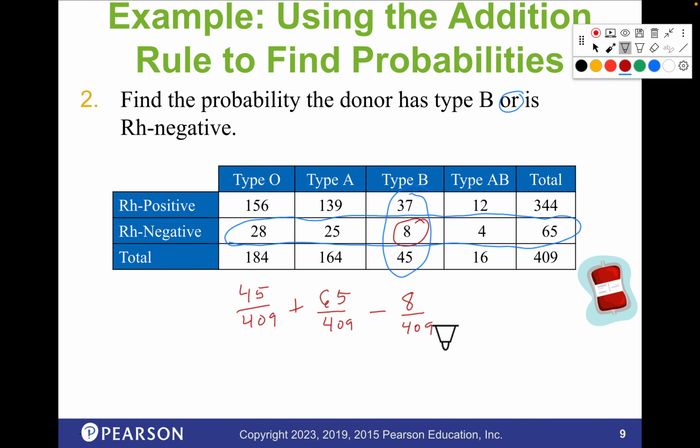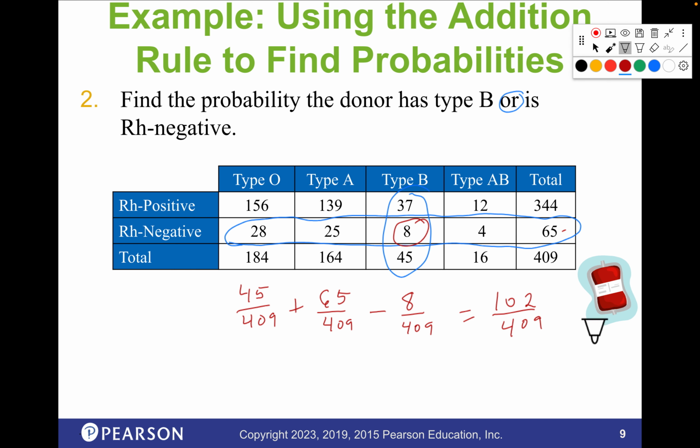Okay. Now again, when you got the Rh negative, you could say, oh, 65, but let me subtract 8 so I don't count it twice. Again, multiple ways to do it, but just make sure that 8 does not get added into the system twice, which it would if we stopped with the plus. We subtract the 8. So 110 minus 8 will be 102 out of 409.